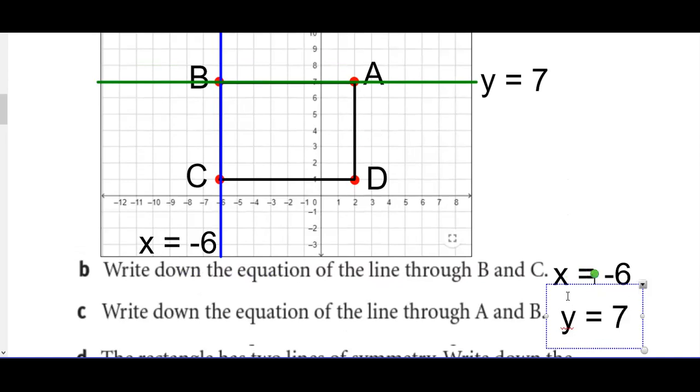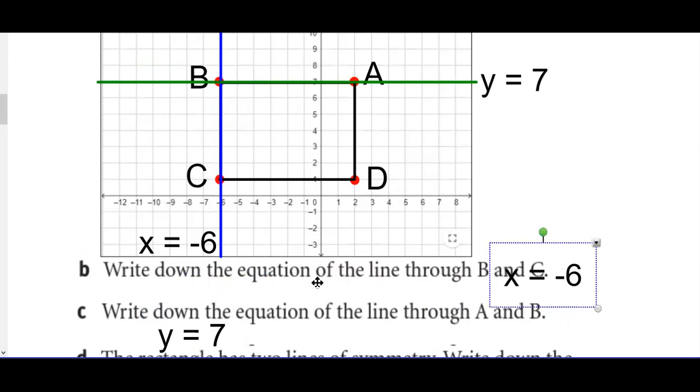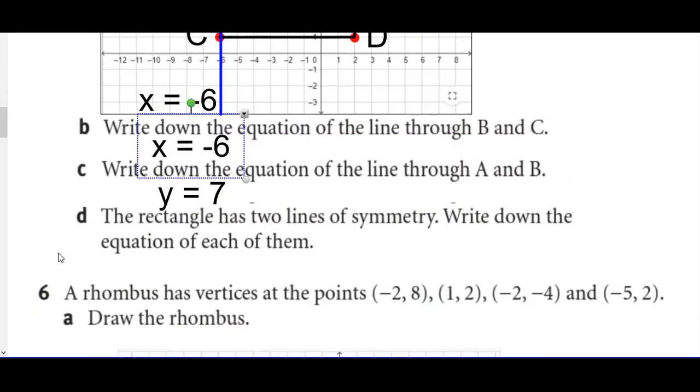Okay, so those are the answers. You can write them underneath the question like so, to show that these are the answers you got for B and C respectively.